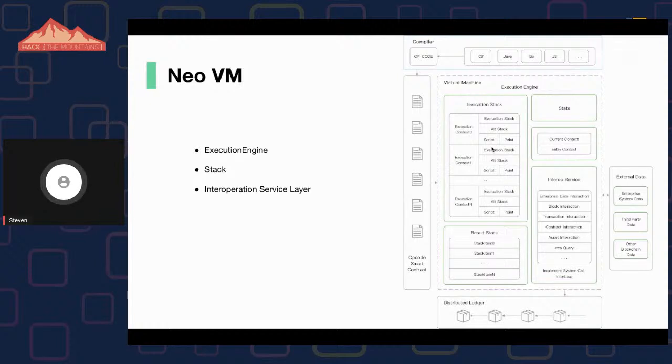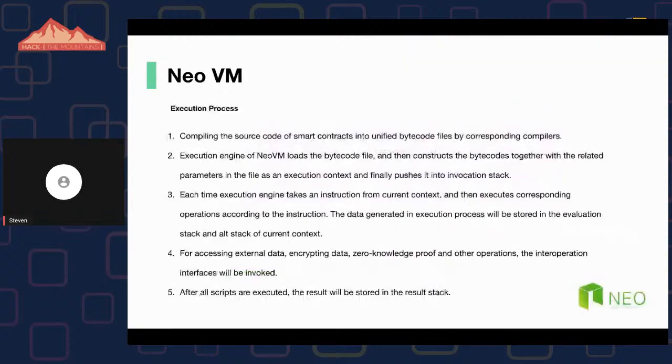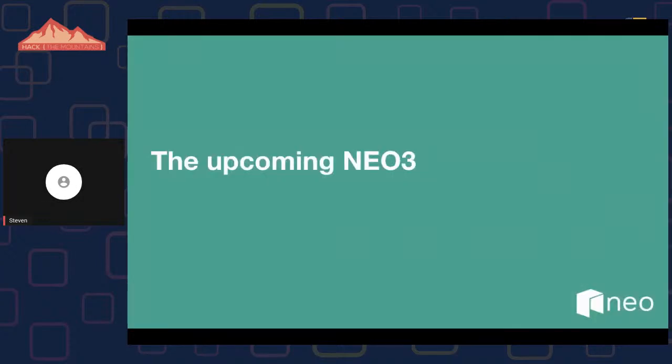And after all these scripts are executed, the results will be stored in the result stack. Yeah, that's the whole process of how the smart contract runs in our Neo VM. In the final part of this workshop, I will give you some examples of how the smart contract works, is compiled, and runs with the result.